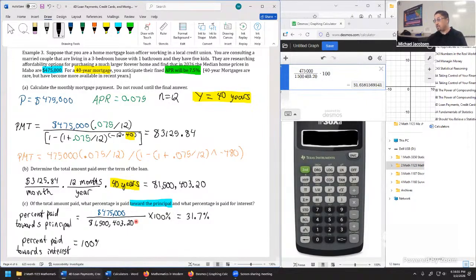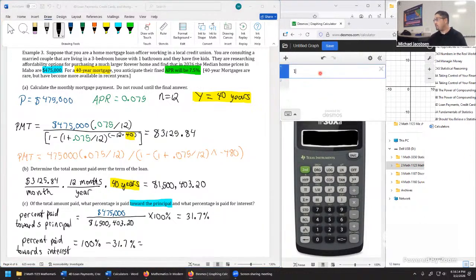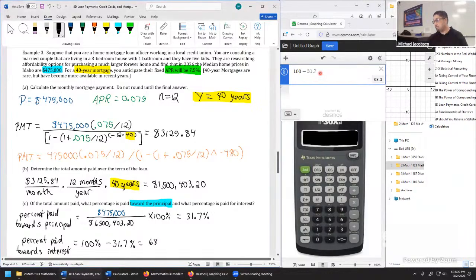The total is 100%, so we can just take 100% minus the prior answer, 31.7%. And that's the amount towards just interest. So in the calculator, go 100 minus 31.7, 68.3% towards just interest on this.